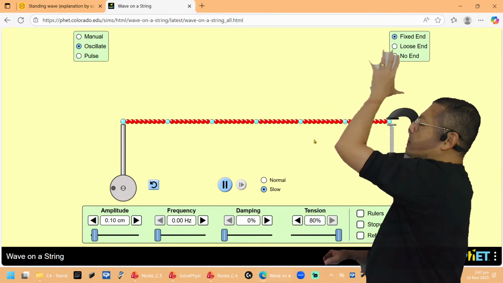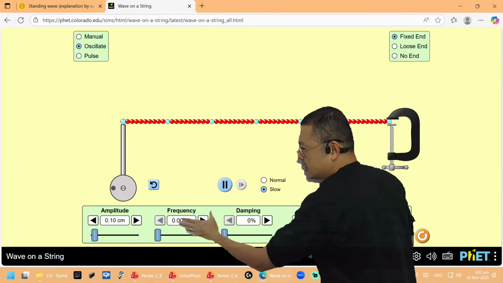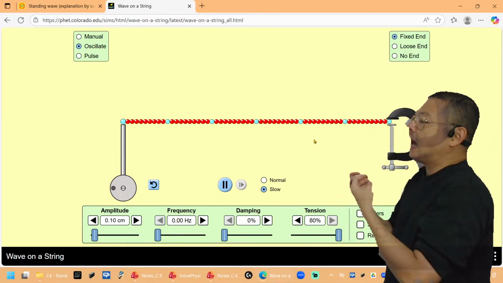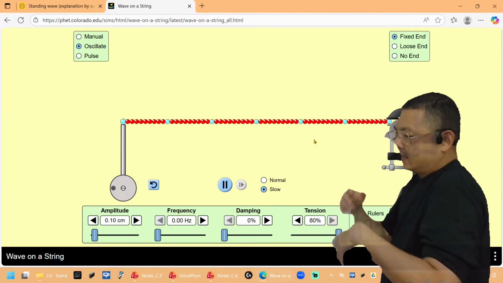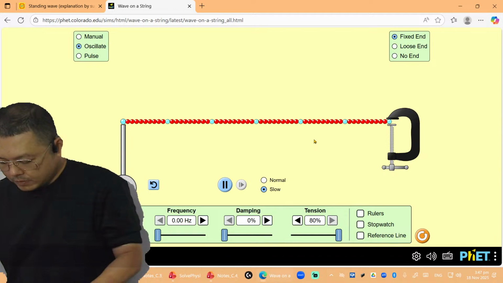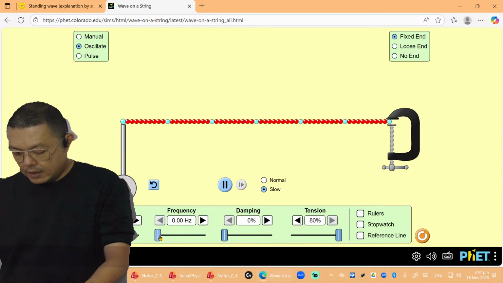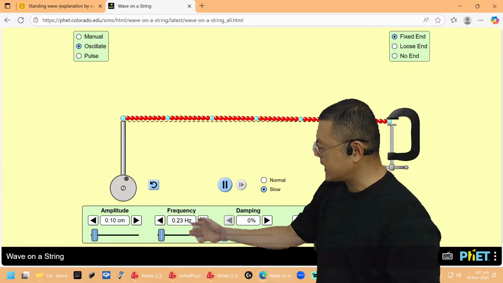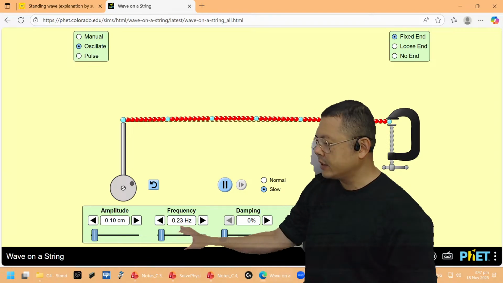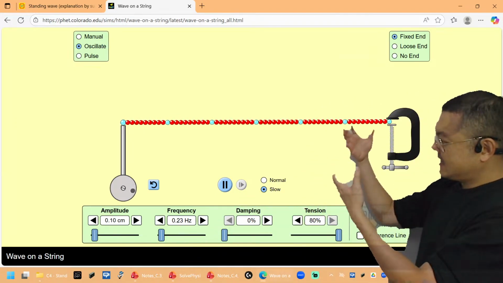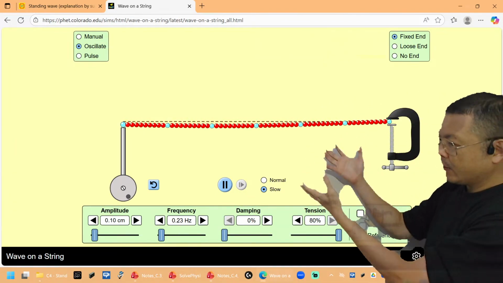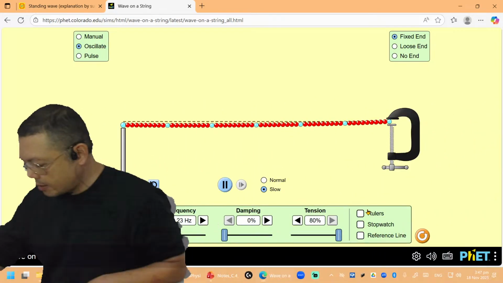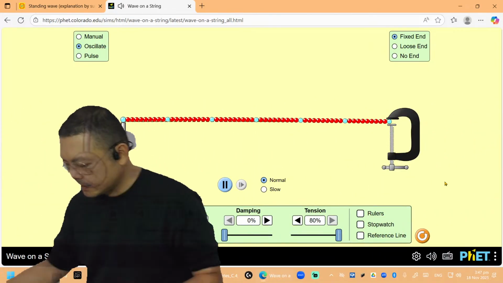Okay, good. So right now, I'm going to start to increase the frequency because I want to get a standing wave in this simulation. I know exactly which frequency to use, but I'll give you a random one first. I start from 0 and increase to 0.23 hertz, and let's see whether it can get me a standing wave. This is slow motion, which is quite annoying, so let me make it a bit faster.